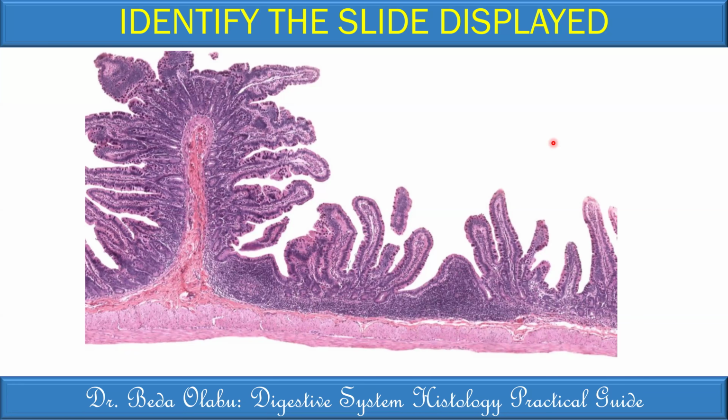There's villi present, and then the space between the folds. I can't see the other fold, so there's so much space left. Very well, very true. The fact that you can see villi and then you can see there is a fold and you don't see the next fold tells you that the next fold is a bit far. And of course, we don't have submucosal glands. So this is ileum.